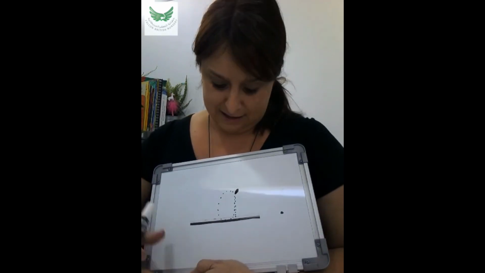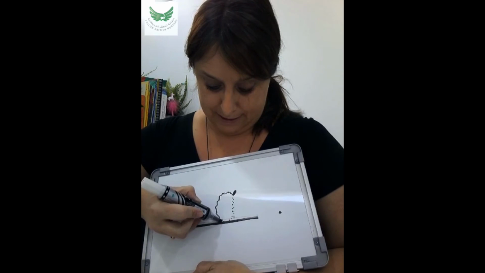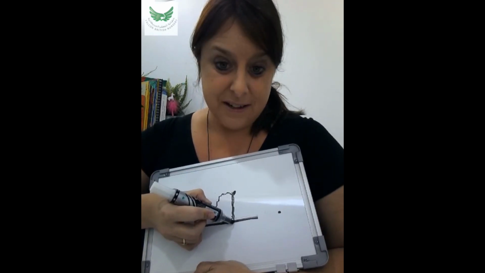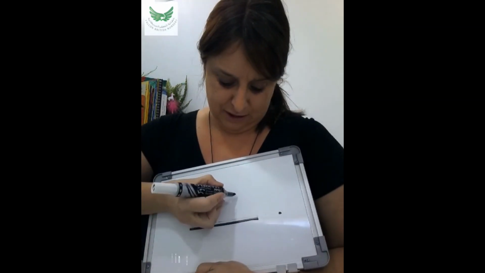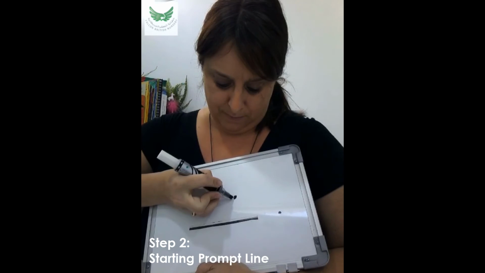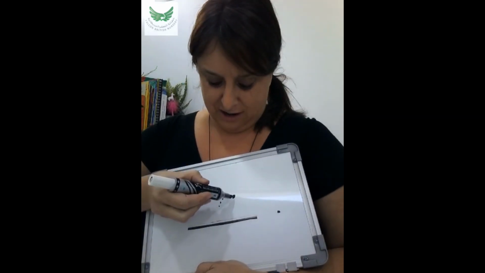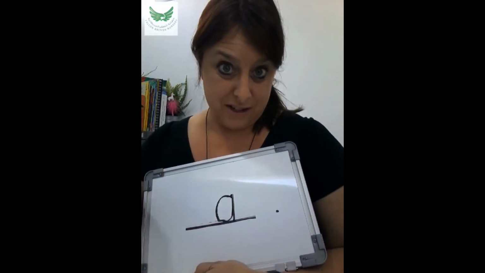Once a child has started moving along, and it's usually quite wiggly at first as they're getting used to using the hand muscles, they will then move on to portions. So you'll give them a start and a prompt so that the child does remember, oh yes, I go this way and I go back to the line.